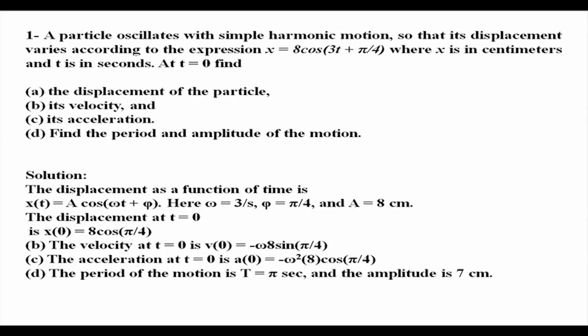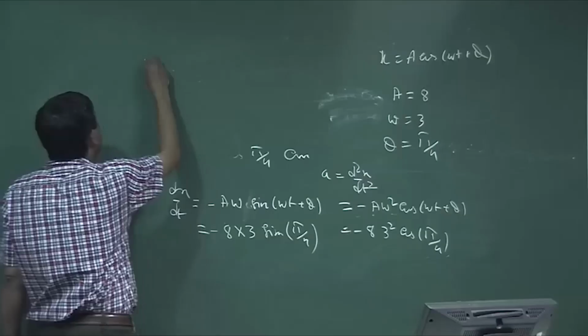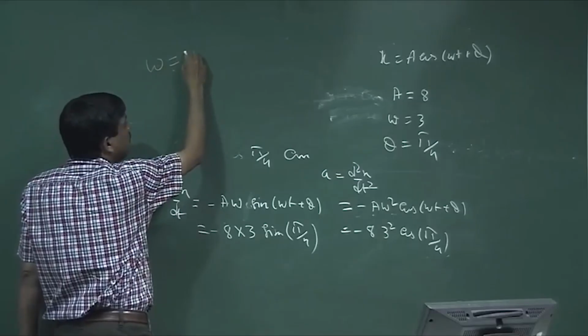Then, if I say find out the period and amplitude of the motion, what is the period of the motion? So, what is omega? It is nothing but 3.